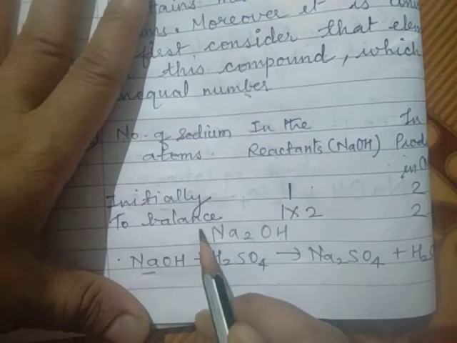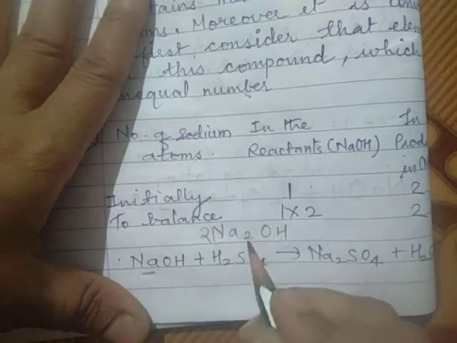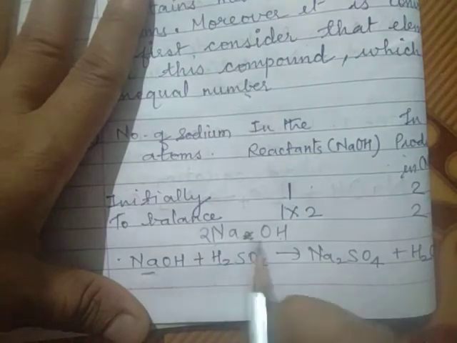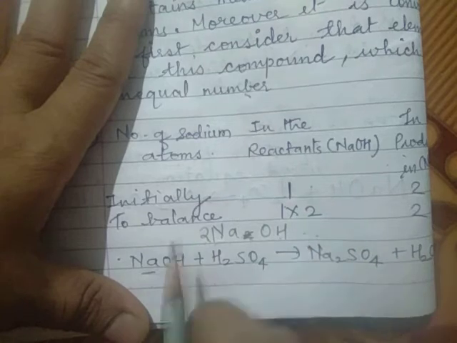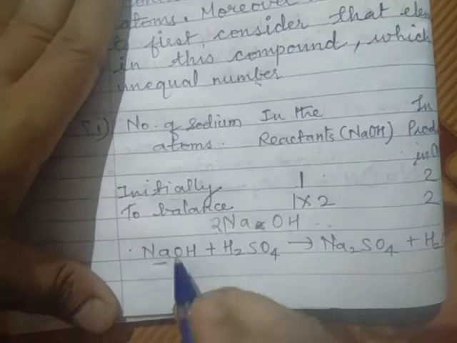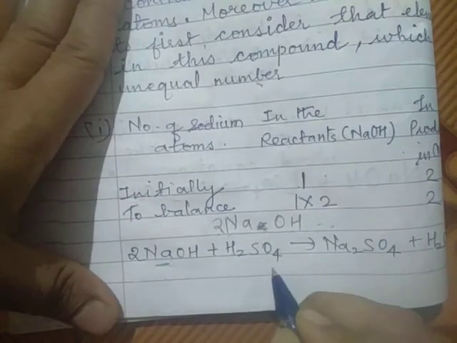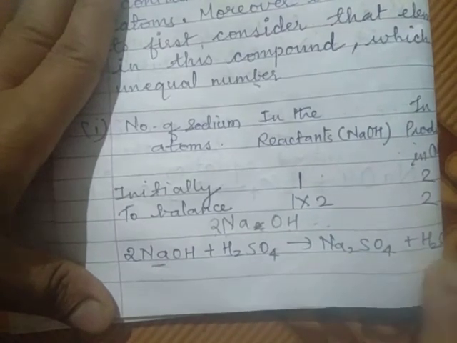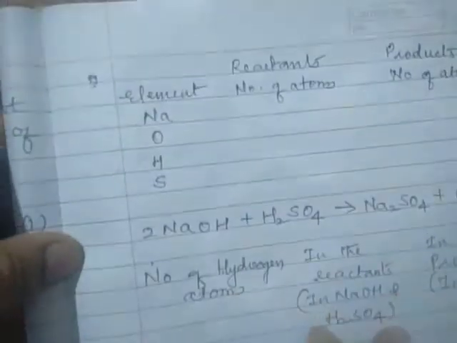We have to write it as a factor in front, as a coefficient. So we cannot write Na2OH. We can write it as 2NaOH. Fine, we cannot change the molecular formula. So now after balancing the equation, we are getting over here 2NaOH plus H2SO4 gives Na2SO4 plus H2O. Fine. Now again check whether the equation is balanced or not.